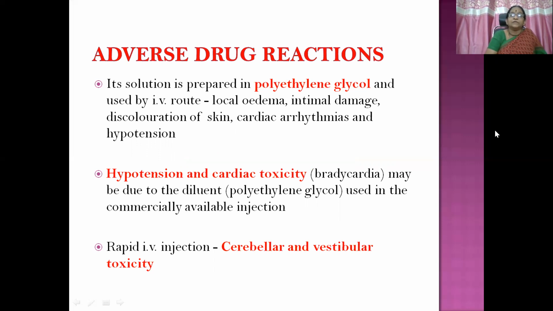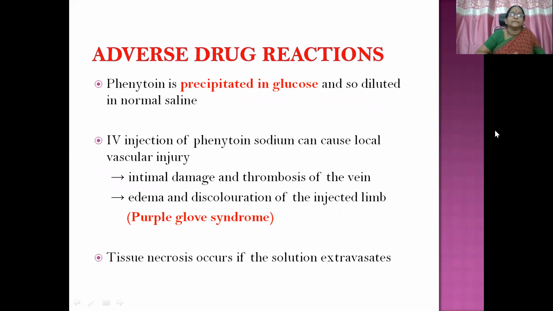Hypotension and cardiac toxicity specifically may be because of the solvent, polyethylene glycol, which we use to prepare the solution. Okay. Rapid IV injection can cause cerebellar and vestibular toxicity.